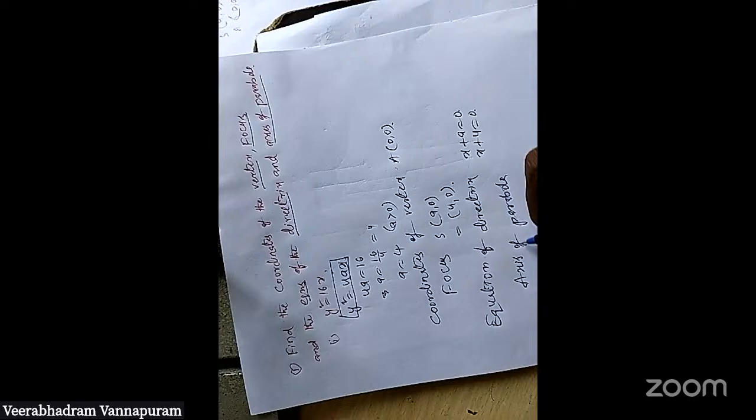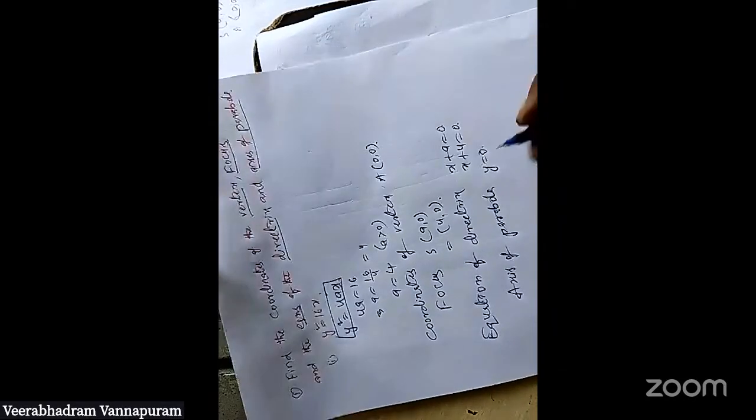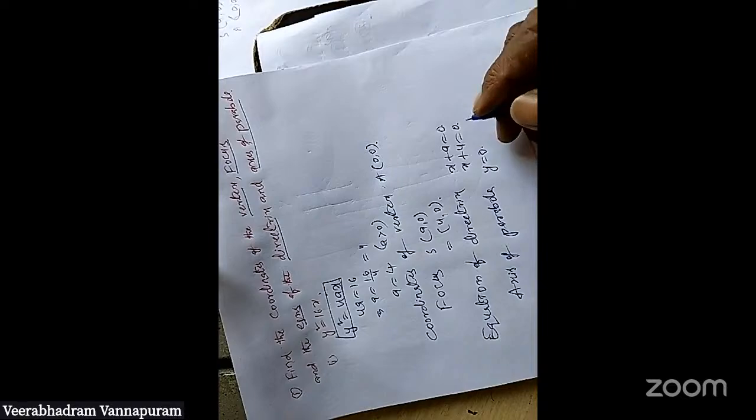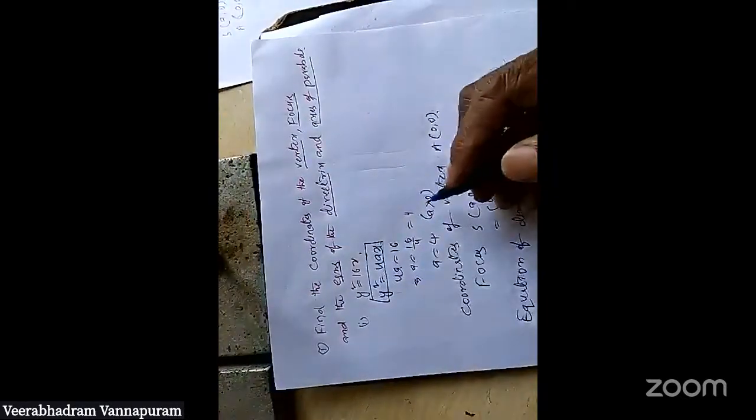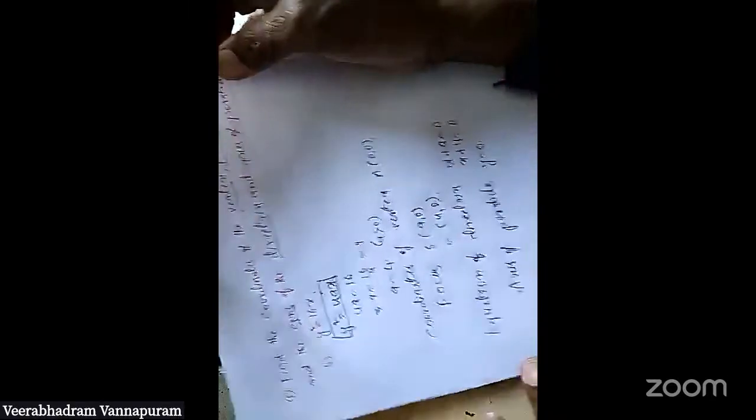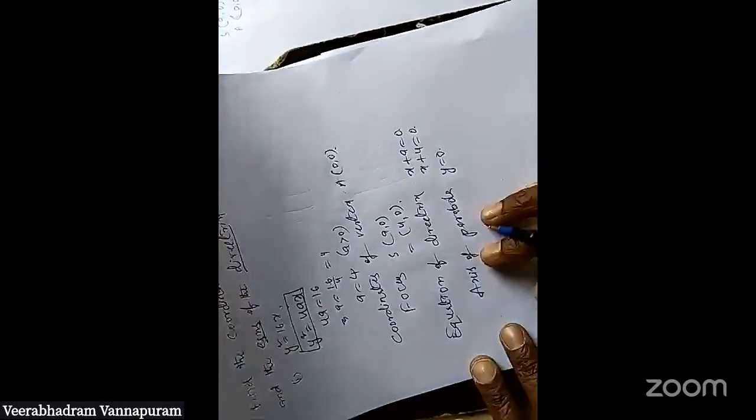Therefore, the equation of the axis of the parabola is y equal to 0, since the equation of the x-axis is y equal to 0. So similarly, we will find one more. We will do one more problem.